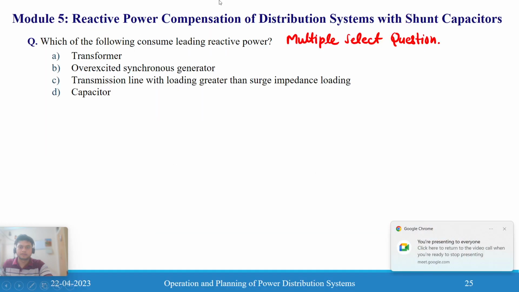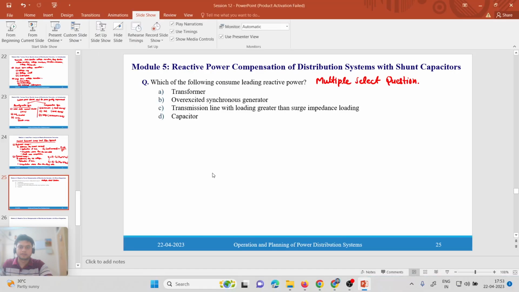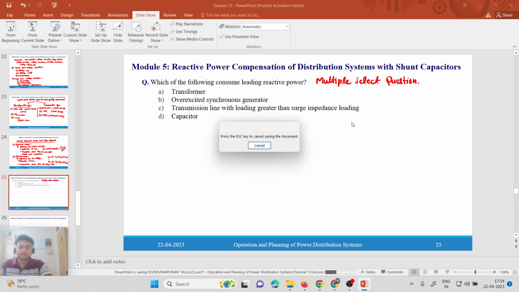For the transformer, we assume it as an inductor, so it will not consume leading reactive power. It will consume lagging reactive power. While for the overexcited synchronous generator, transmission line loading greater than surge impedance loading, and capacitors, let us look into it.